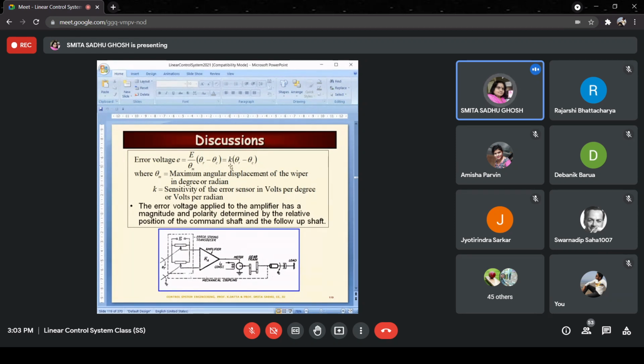So constant K is called the sensitivity and is given by E by theta m. If it is given by E by theta m, what would be the units? The unit of K, that is the sensitivity, is either volts per degree or volts per radian, because we have E by theta m, depending on whether theta is indicated in degrees or radians.